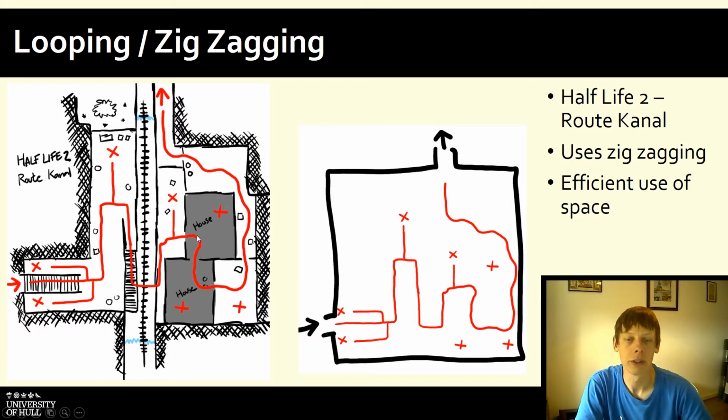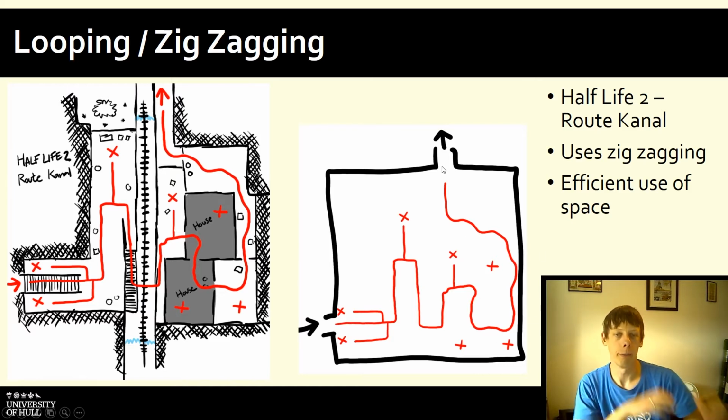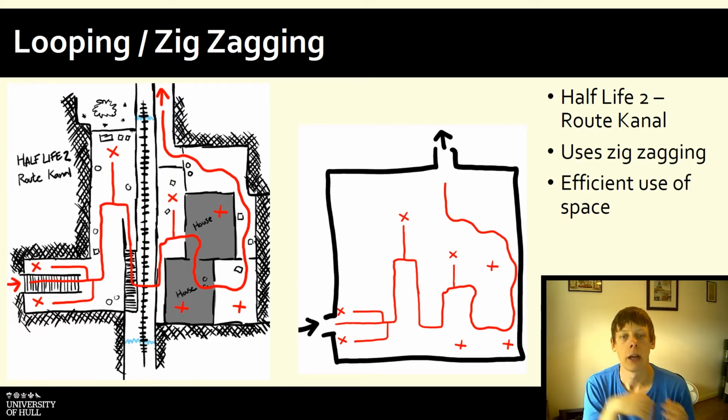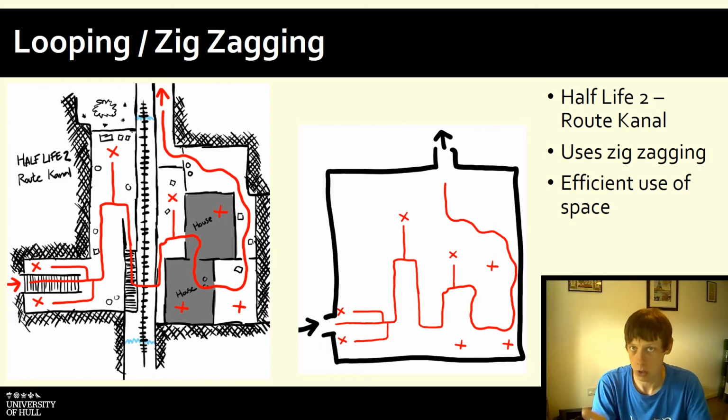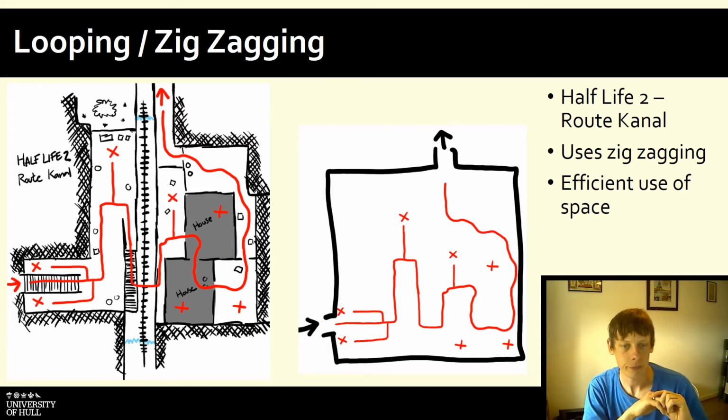If you take away all the detail and just focus on the route they've taken through this giant square, you can see that they've not been able to just go straight through the level. They've had to zigzag and loop and go around and make effective use of the space. Half-Life 2 does this a lot with their level designs.